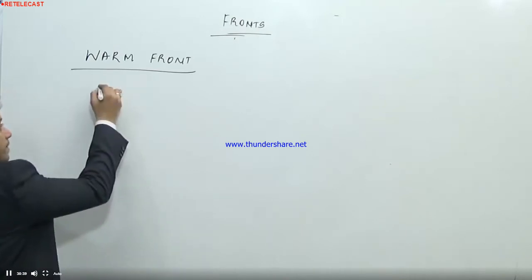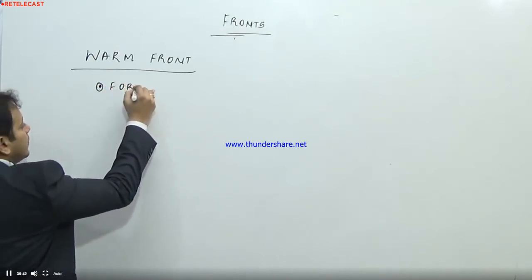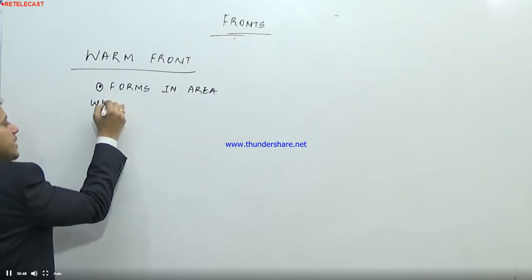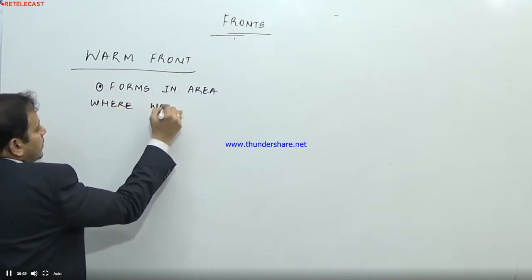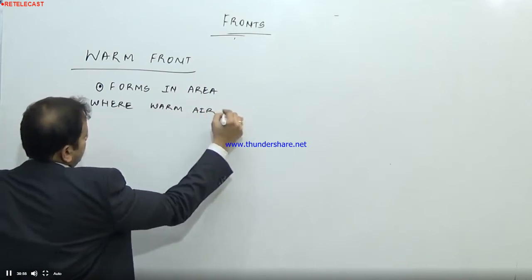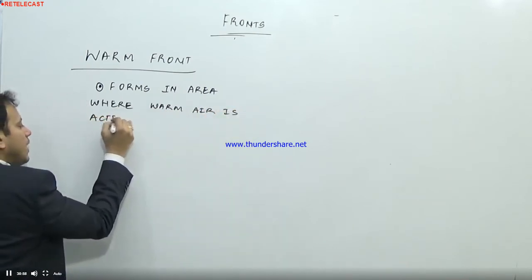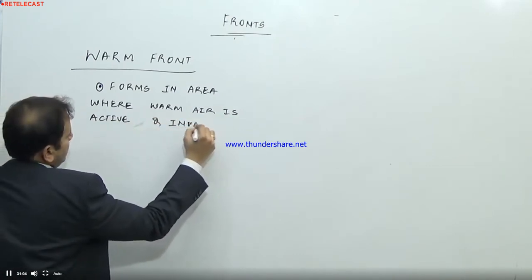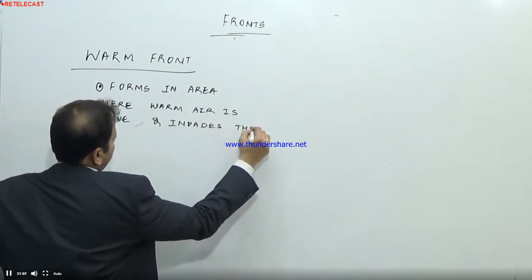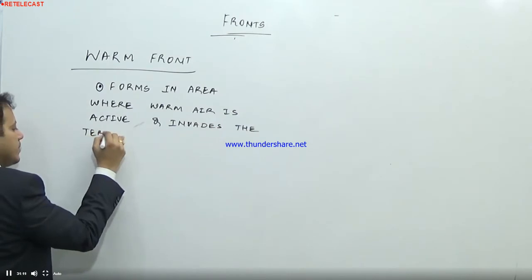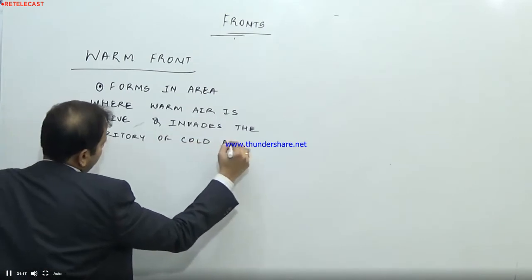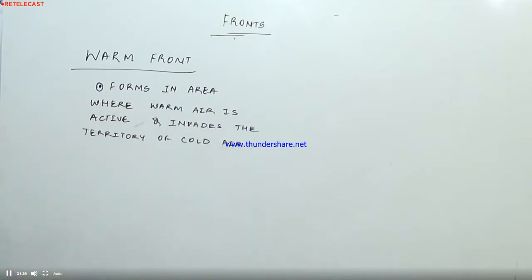So a warm front forms in an area where the warm air is active and invades the territory of a cold air.